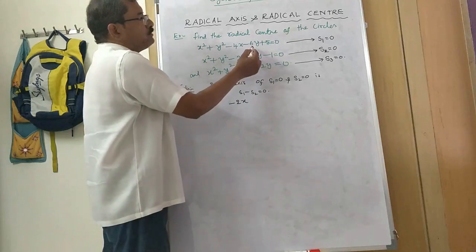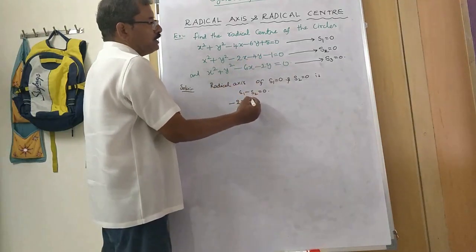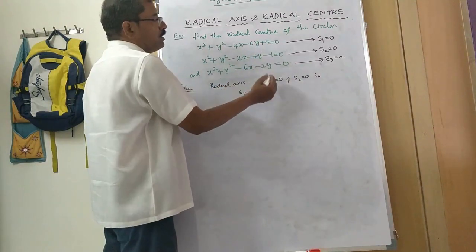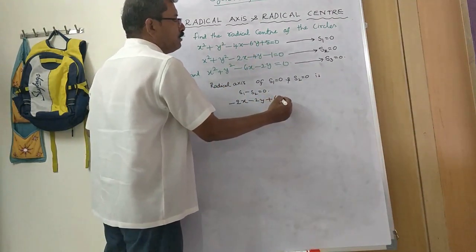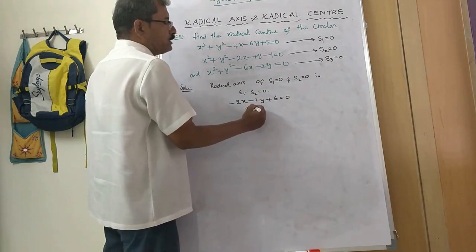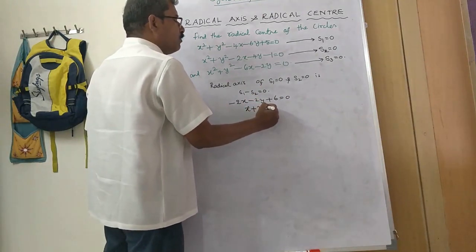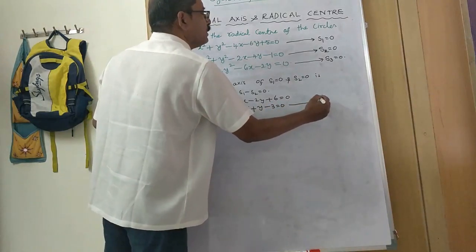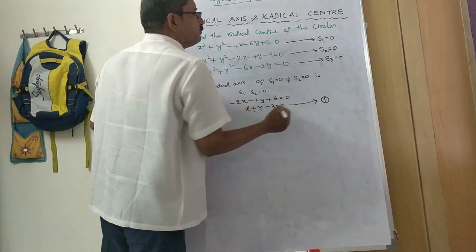And then -6y plus 4y is -2y. Plus 5, this is plus 1, plus 6, is equal to 0, or you can write it as x + y - 3 = 0. Say this is equation number 1.